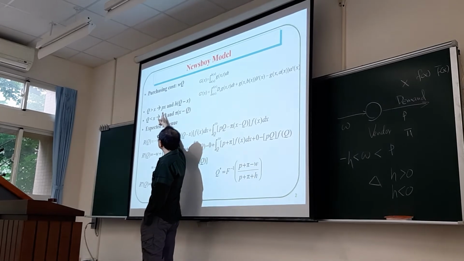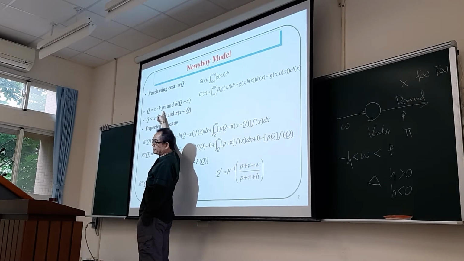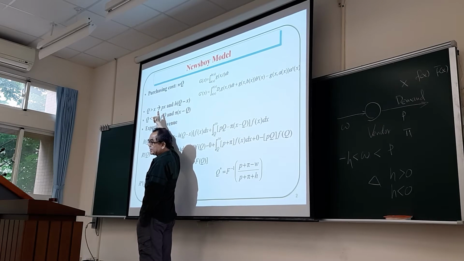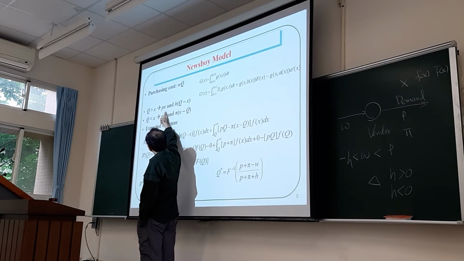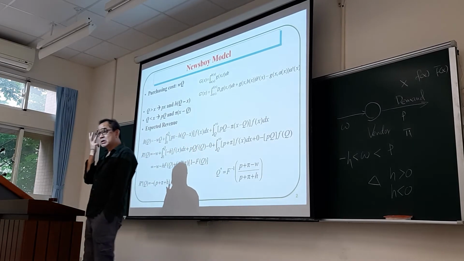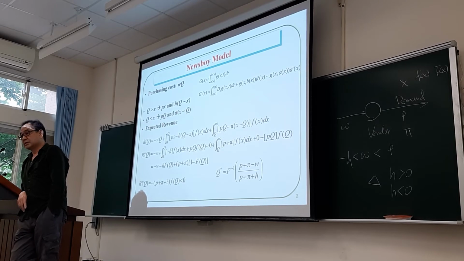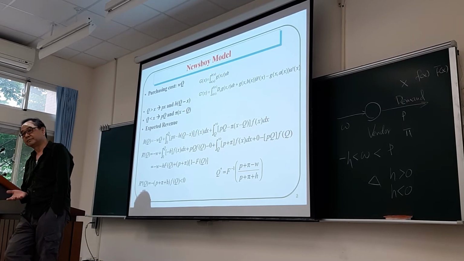So we will pay for PX, since P is the selling price. We only sell X, right? Since we buy more than demand, the maximum units we can sell is the demand.